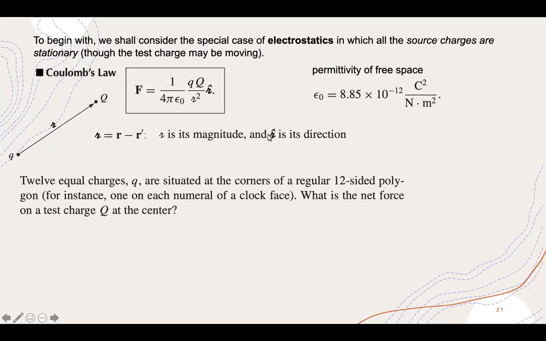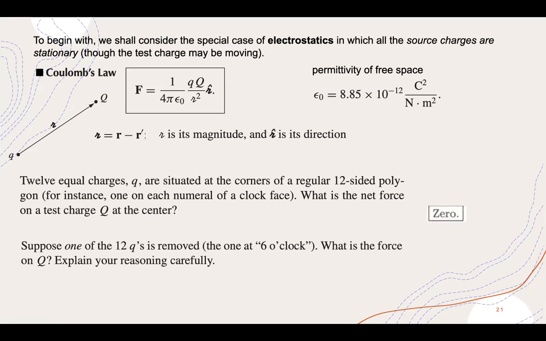Okay, and therefore we solved one problem where 12 equal charges of equal magnitude q are situated at the corners of a regular 12-sided polygon. So we calculated the net force on the test charge q at the center, and by symmetry we say that it is 0, right?